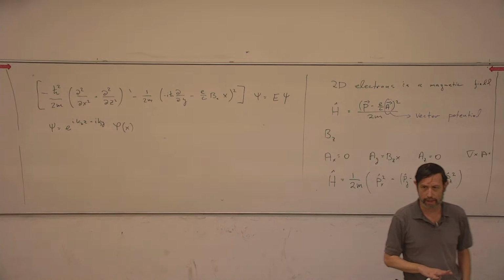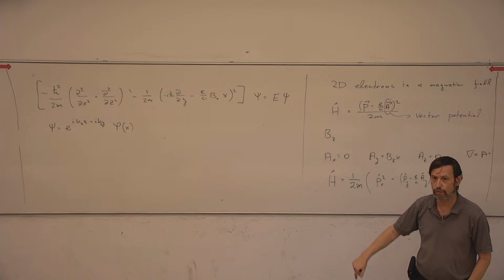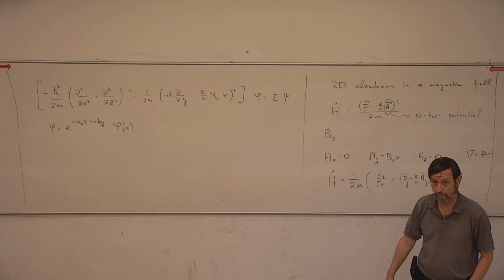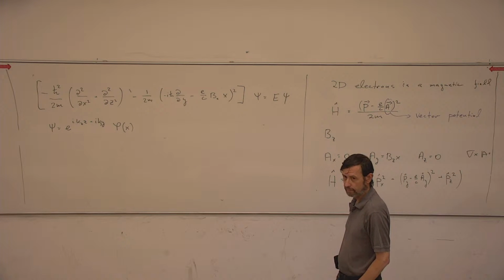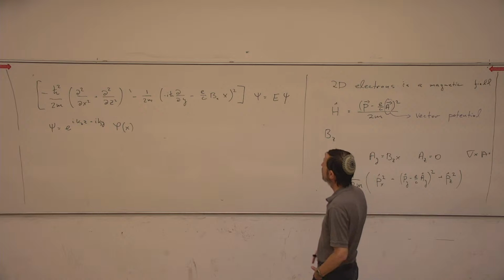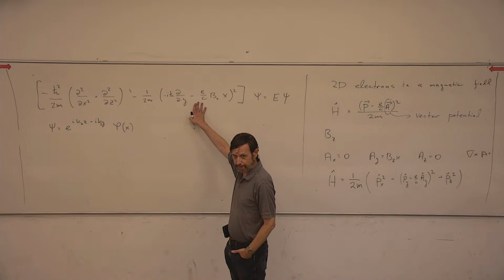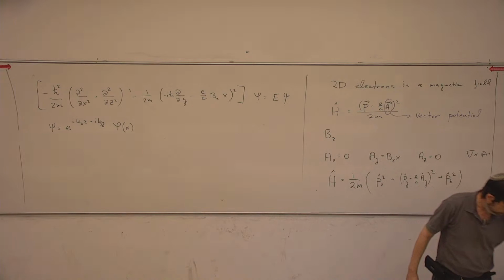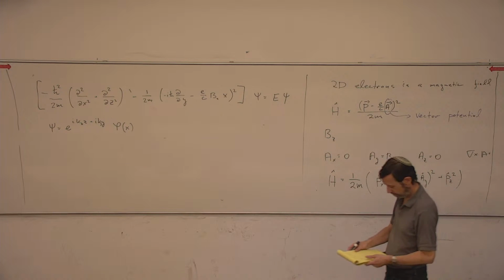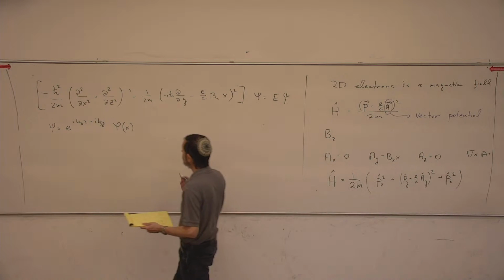That we will calculate and see if we get a consistent answer. When you have a second order differential equation, with a second derivative and a first derivative, let's see what happens and see whether it works.